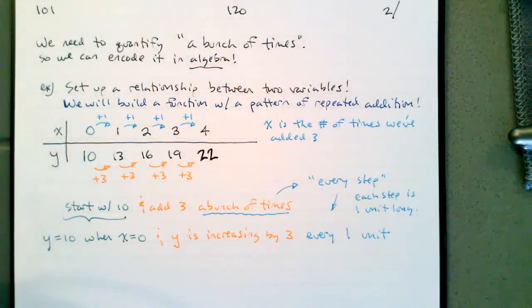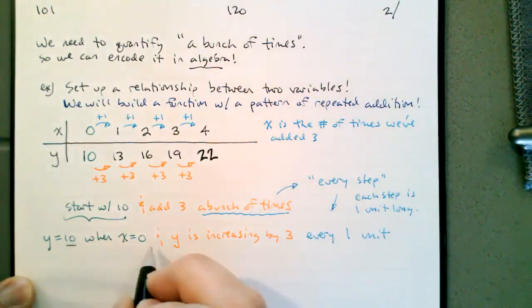So we're saying where y is starting off, we're saying what's happening to the y, and we're saying how often that happens.